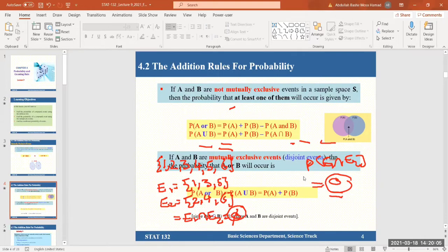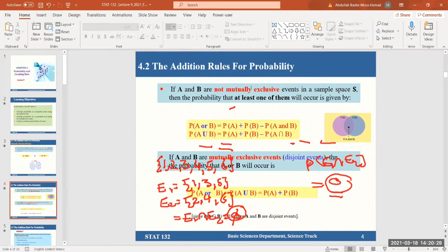Let's see how to find probability of A or B. A or B means A union B. P of A union B equals P of A plus P of B minus P of A and B. This is the general rule, but we have a special case.